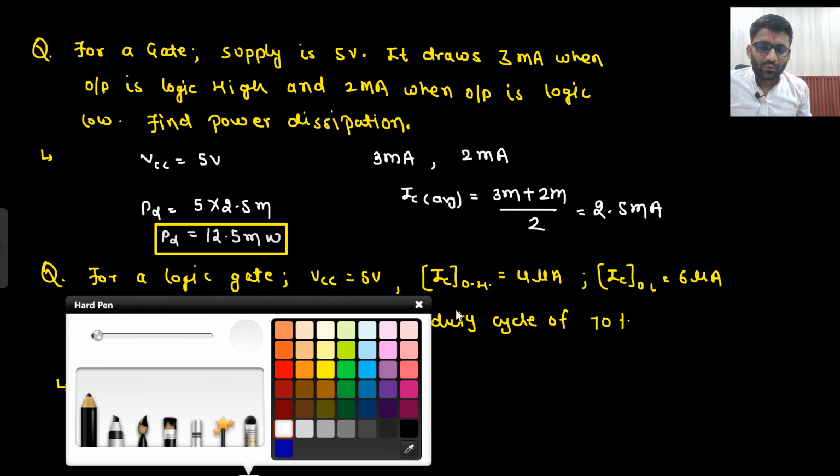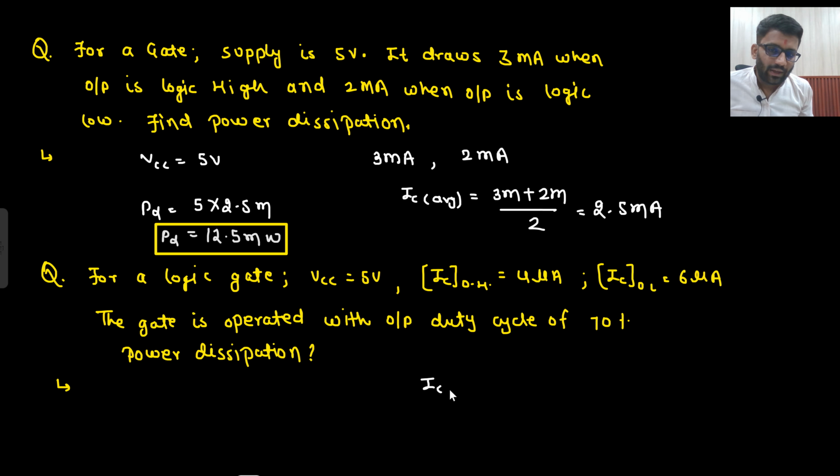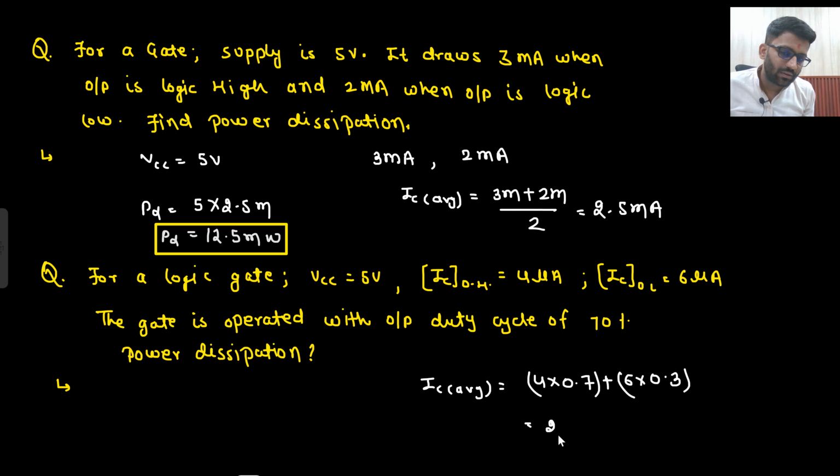So VCC is already there. What will be my IC average? So 4 into 70% of the time it was high, so 0.7 I can write, and 30% of the time it was low, so 0.3 I can write. So 2.8 plus 1.8, what that would be? 4.6 microampere, right?